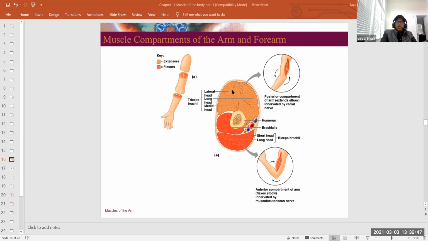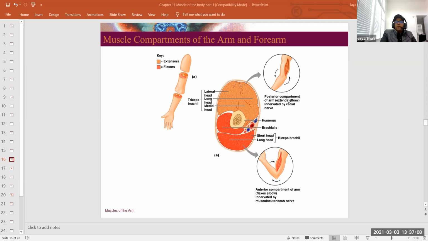And this diagram is all about the cross section of the arm. Okay. So there is a posterior compartment and there is an anterior compartment. Posterior compartment is triceps brachii, anterior compartment is biceps brachii, and under the biceps you have brachioradialis.